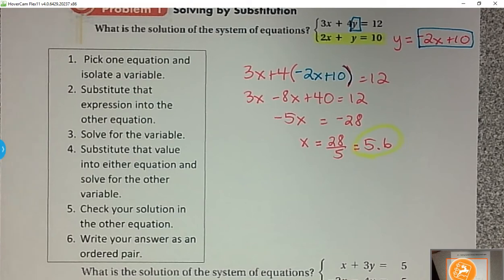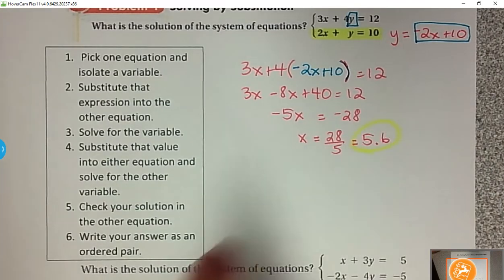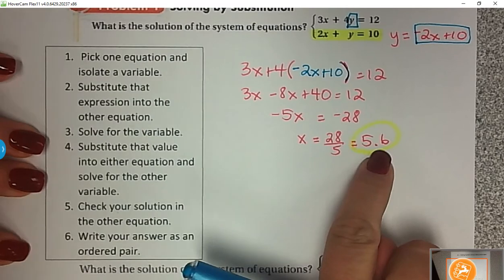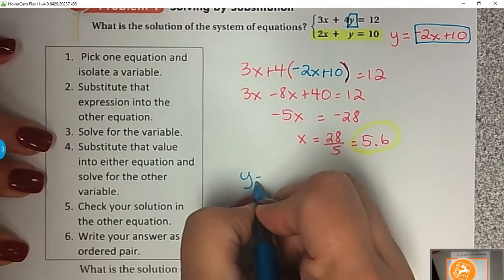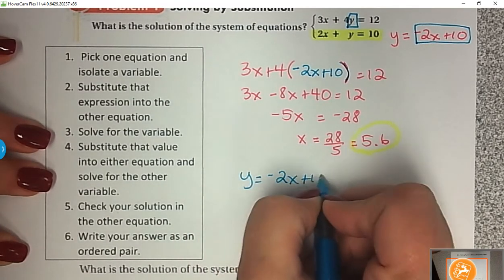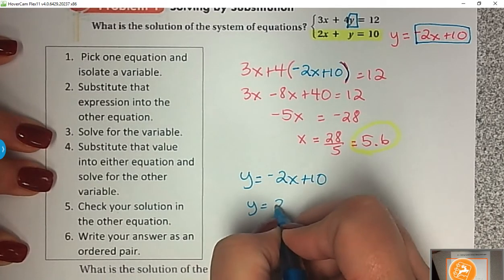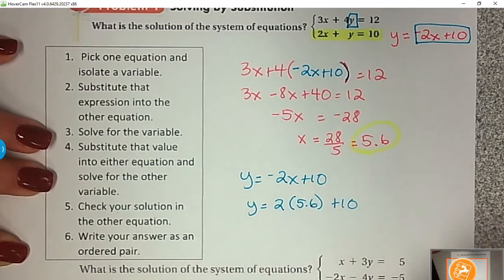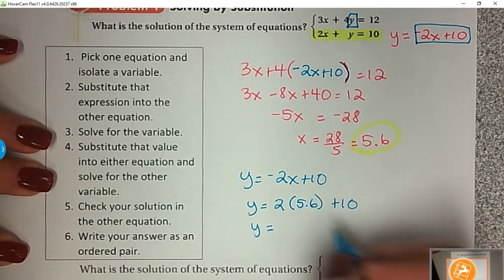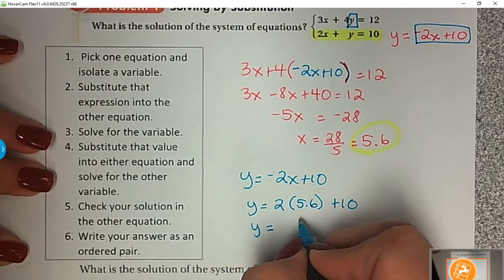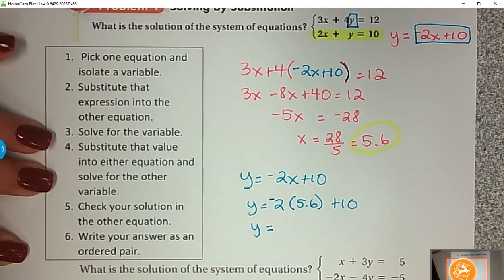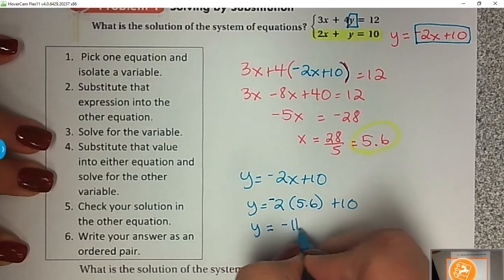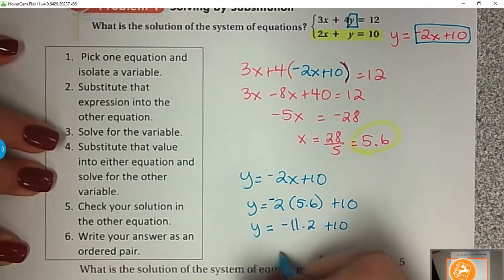What I've got to do now is I have to solve for y. So I'm going to take this equation where I've already got y by itself and substitute this value for x. So take my equation, y equals negative 2x plus 10. I'm going to take out the x and put 5.6 in its place. A negative 2 times 5.6 gives me a negative 11.2 plus 10.